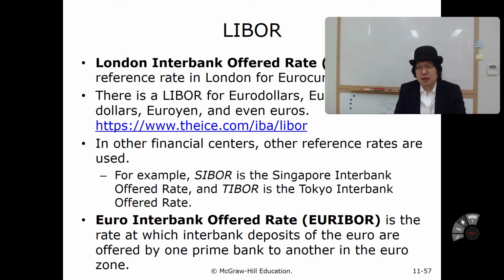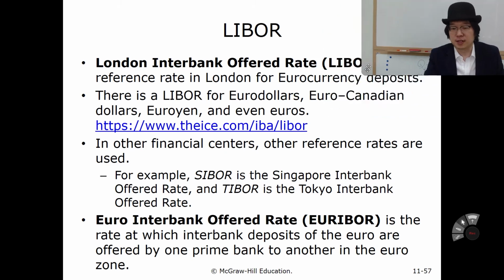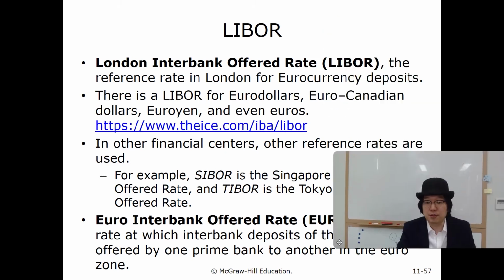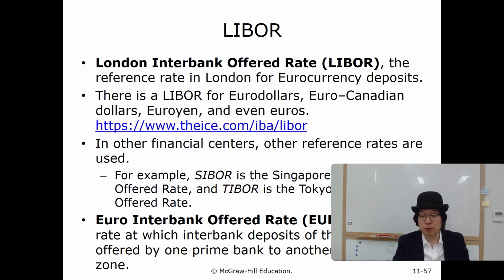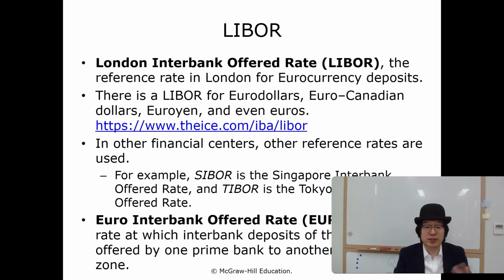And now the London Interbank Offer Rate. So what is this about? This is a reference rate in London for euro currency deposits, and there is a LIBOR for euro dollars, euro Canadian dollars, euro yen, and even euros.